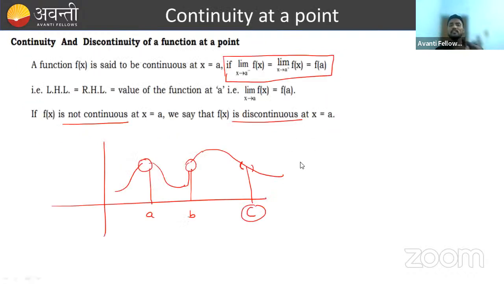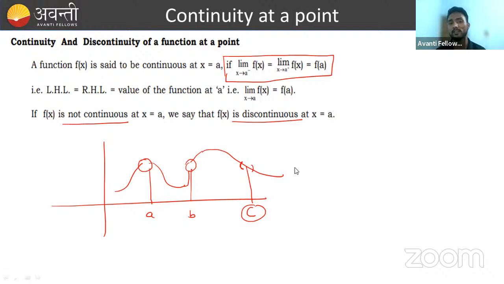This is the same thing that we explained in the previous part also. To check whether the function is continuous at a point or not, LHL is equal to RHL is equal to f of a. But now we have started continuity at a point, so I have differentiated between continuity at a point and continuity on an interval. Interval is a different thing that I will explain later.